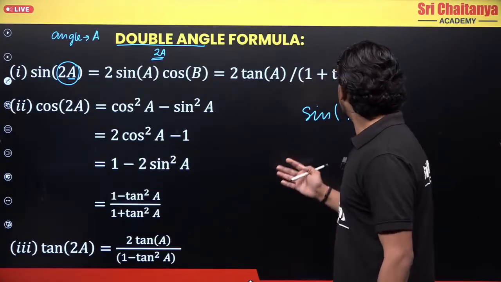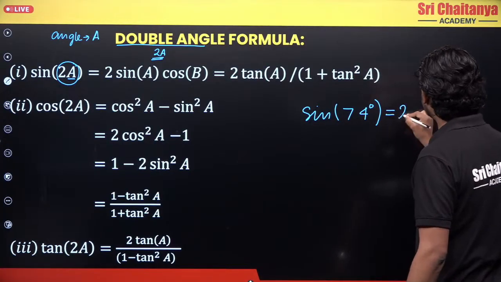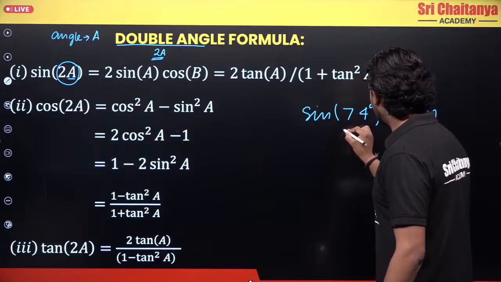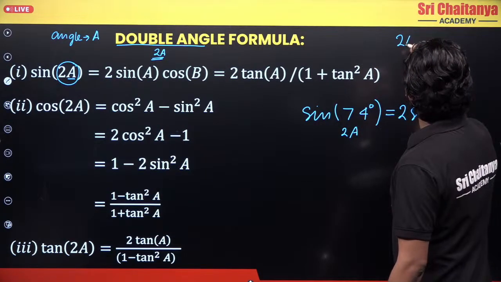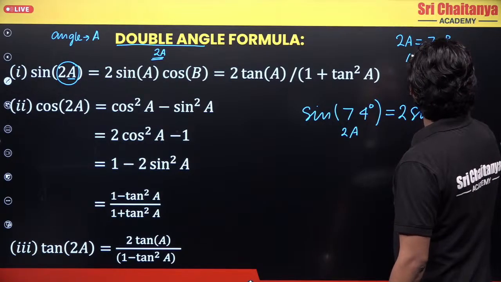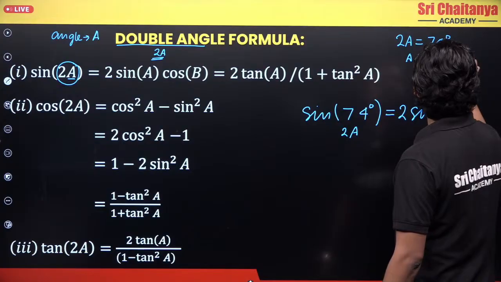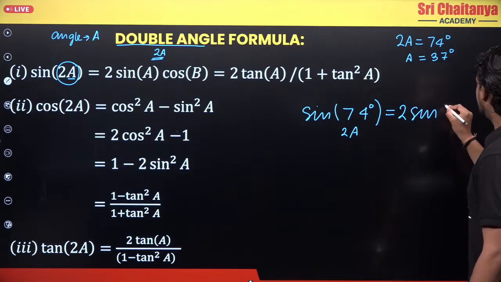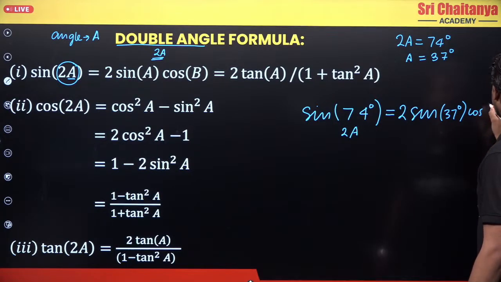So what can I do? I can use this formula. Let's say this is 2A, so 2A is equal to 74 degrees. What is A? 2 3s are 6 and 2 7s are 14, so A equals 37 degrees. In that case, I can write 2 sine 37 degrees cos 37 degrees.